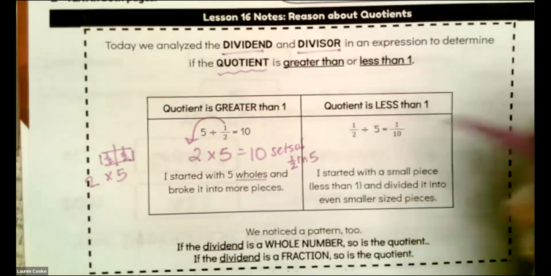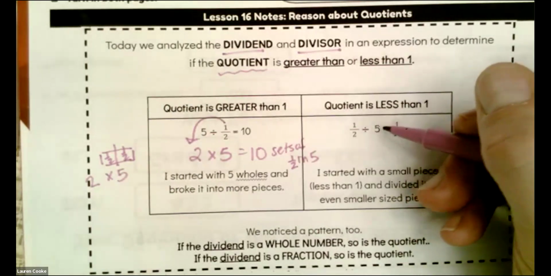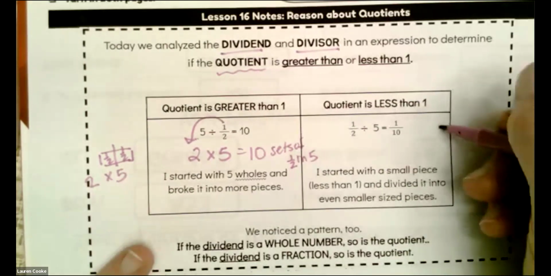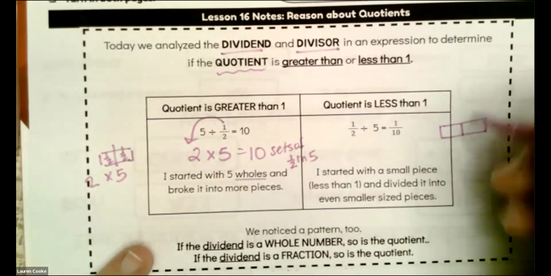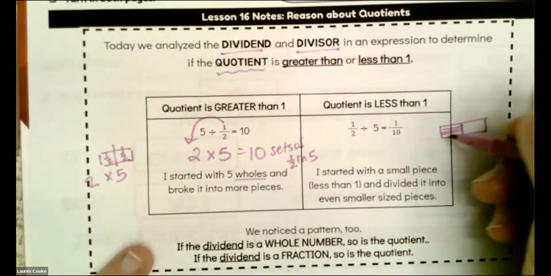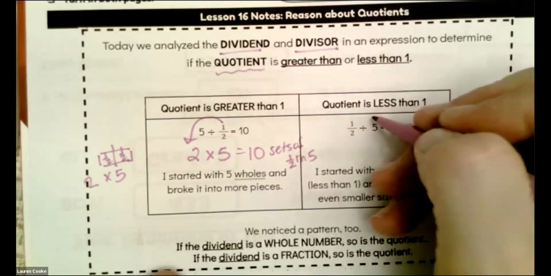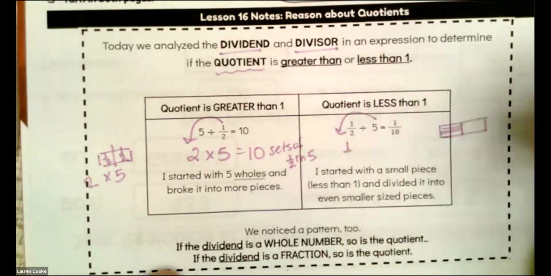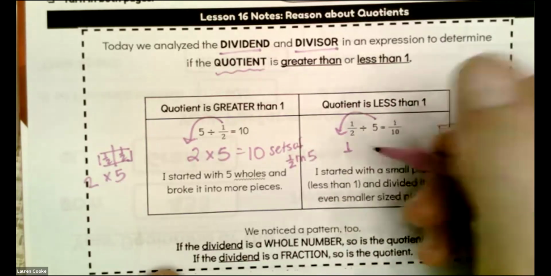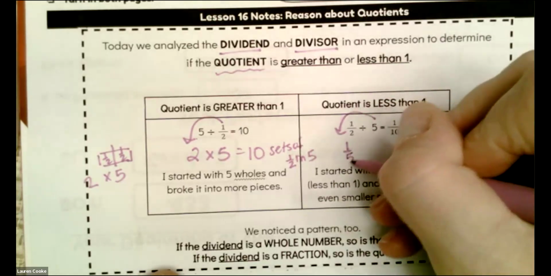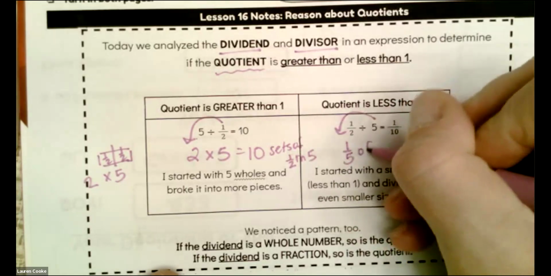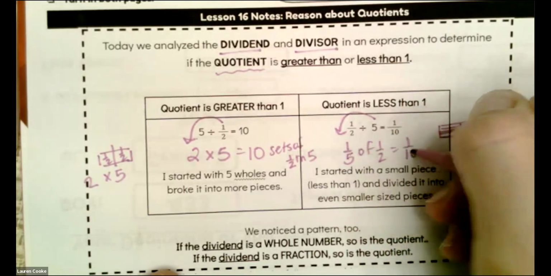This one starts off super small, and then I'm splitting it even smaller. So I have to take a half, and then I have to split it by 5. So I'm going to have a super small fraction. If I'm dividing it by 5, 1 serving, or 1 part, is 1/5 of 1/2, which is a super small number.